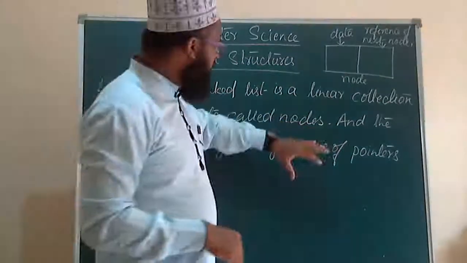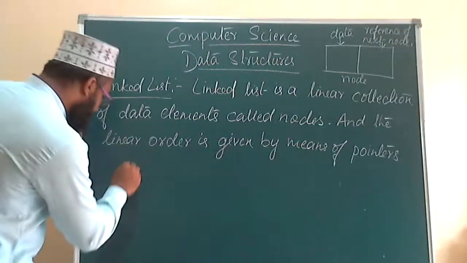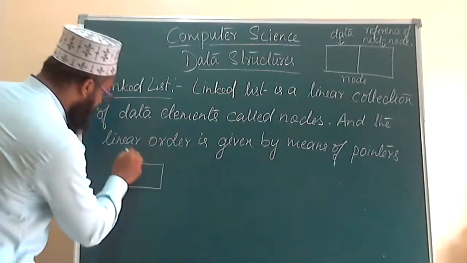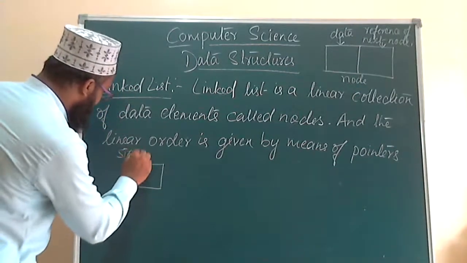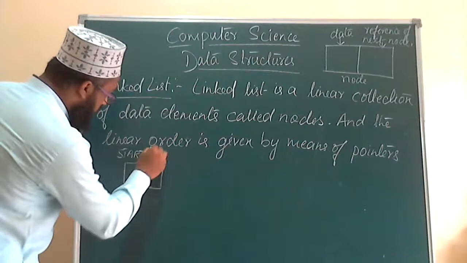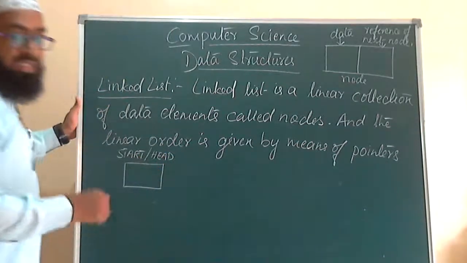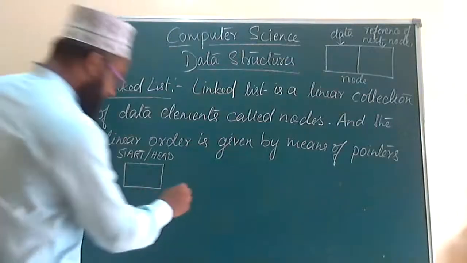What does this pointer mean? A pointer is a link or connection. This is a start pointer, and it can also be called the head pointer. Start and head are both the same.